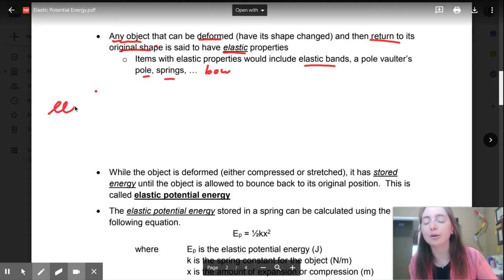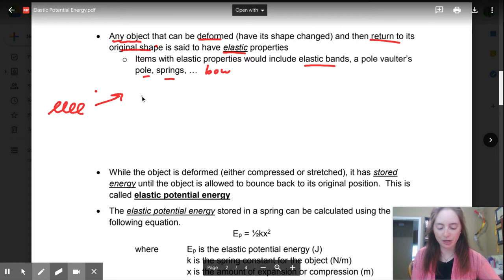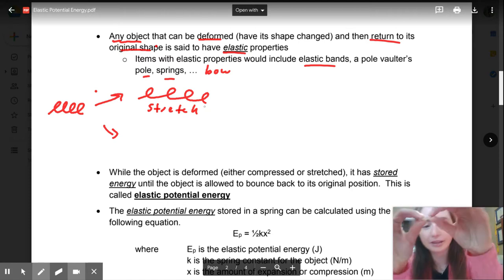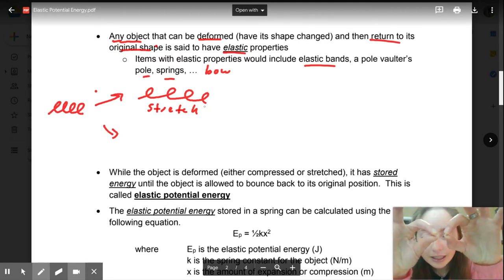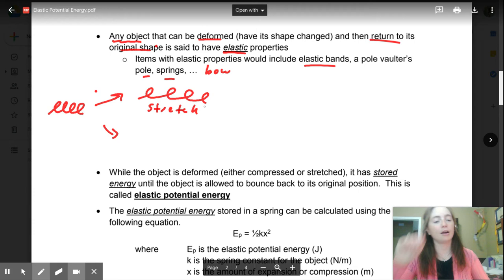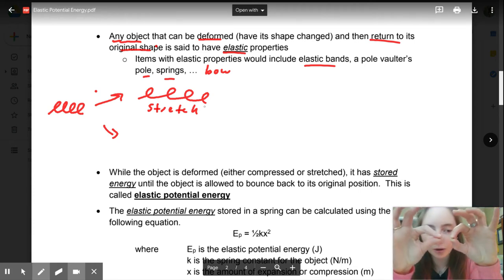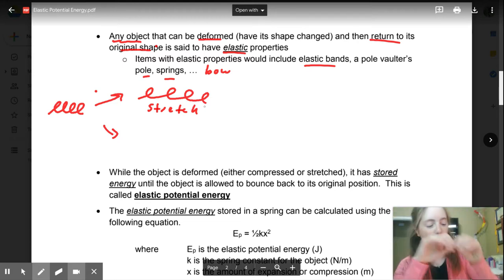Okay, so we've got a spring. It's supposed to be a spring. We can deform a spring in a couple of different ways. You can stretch the spring. If you take one of your pen springs and pull it apart, it has the potential to do work when it goes back to its original shape.